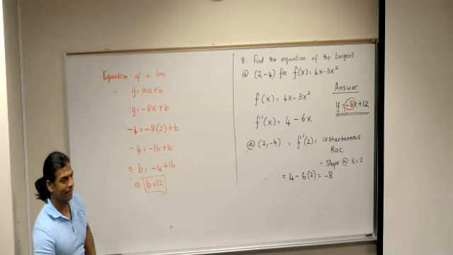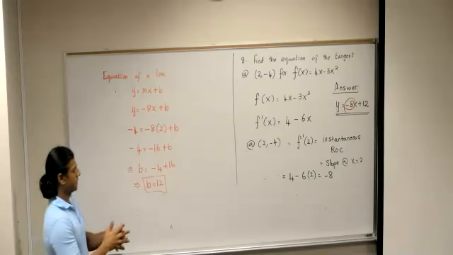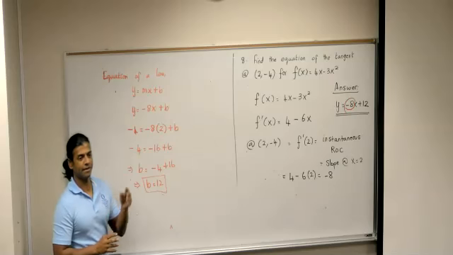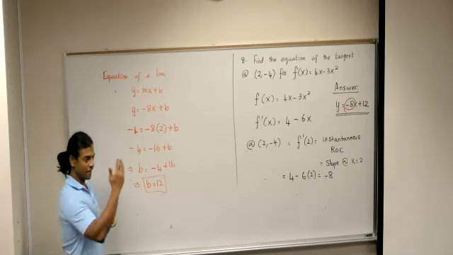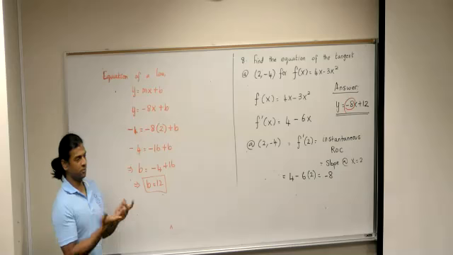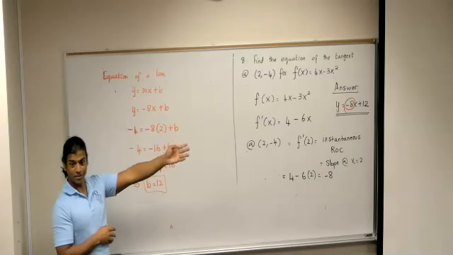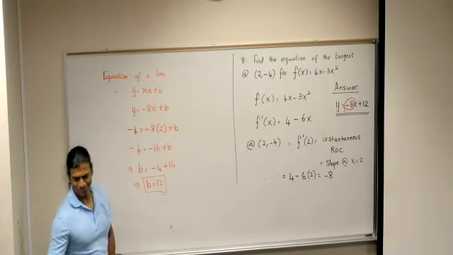Does that make sense? So, given the choice of finding the equation of a tangent line at a single point using the difference quotient versus the derivative, which one would you use? Difference quotient. Clearly, this one.